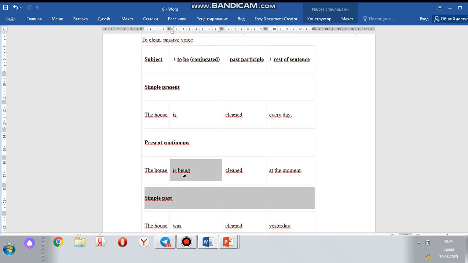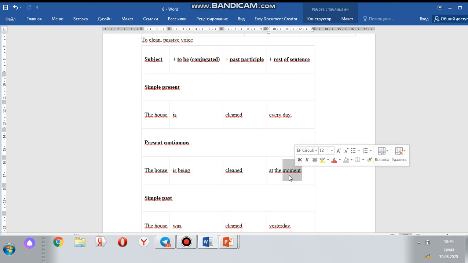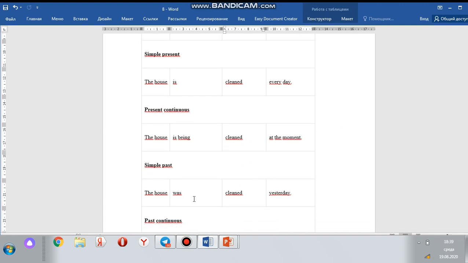The house is being cleaned at the moment. Значит, дом убирается в данный момент. The house was cleaned yesterday. So, дом был убран вчера.